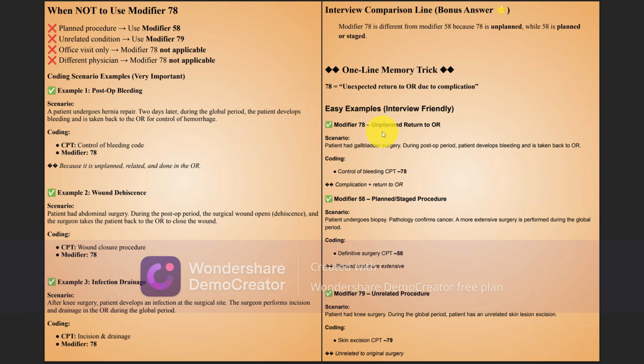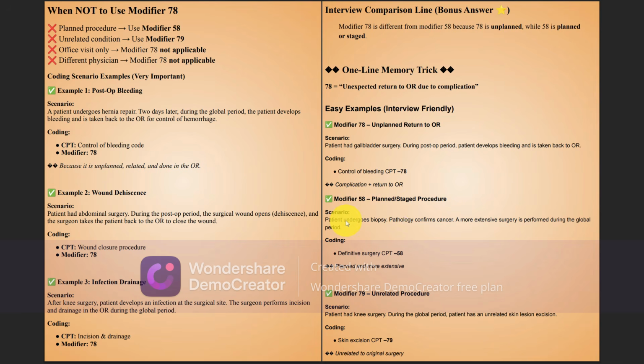Modifier 78, unplanned return to the OR. Scenario: patient had gallbladder surgery, and during the postoperative period develops bleeding and is taken back to the OR. Control bleeding CPT with 78: complication plus return to OR. Modifier 58, planned staged procedure.